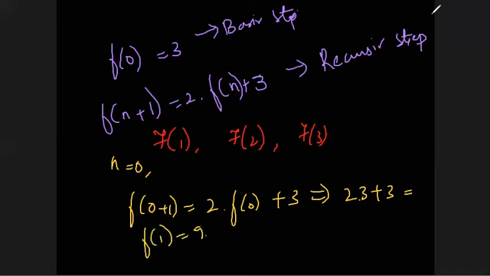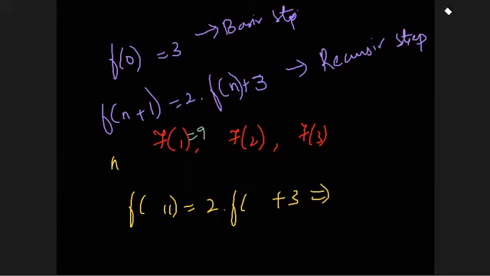So f(1) is equal to 9. Then we have f(2). For f(2), we take n = 1, so it can be written as 1 plus 1, and 2 times f(1) plus 3.